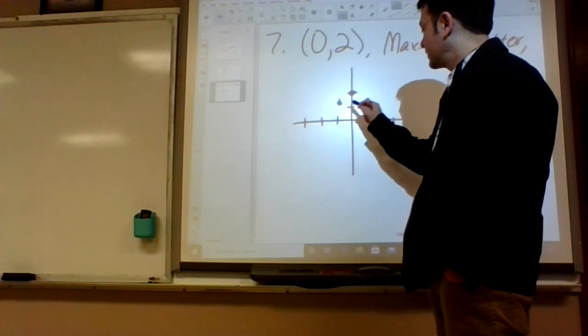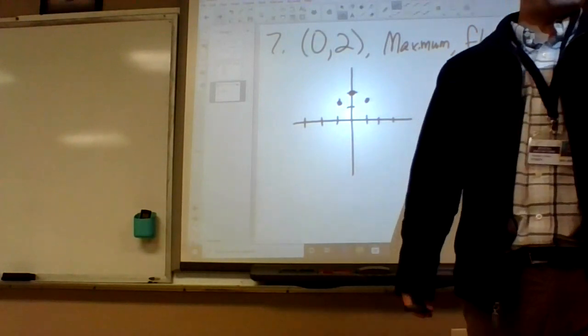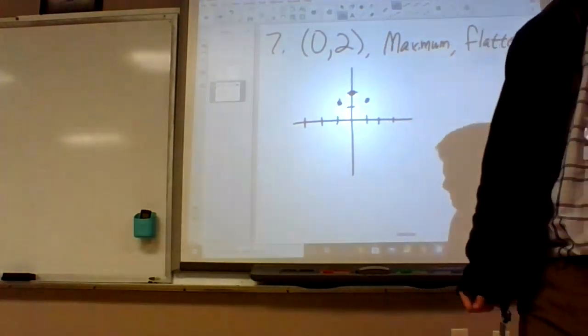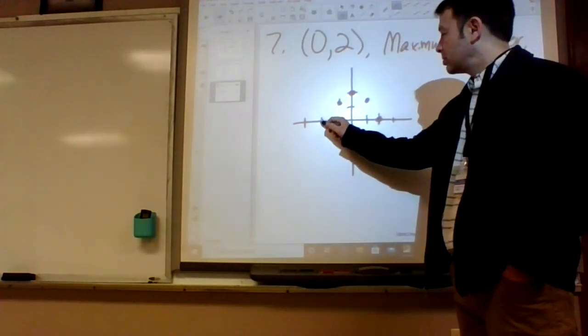-1, 1/2. And if I plug in 2, that's an even. 2 squared is 4 times negative a half is negative 2, plus 2 is 0. 0, 0.